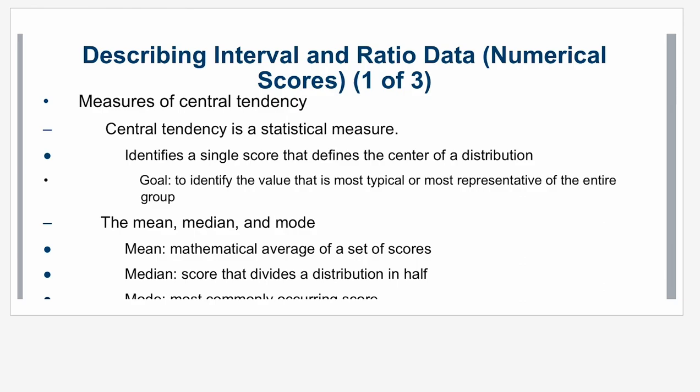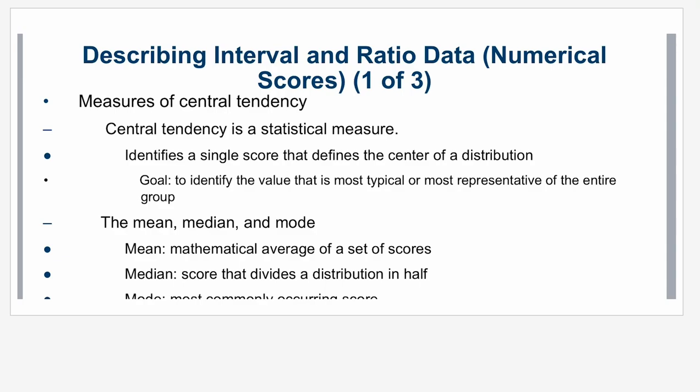The most common measure of central tendency that you know is the average, but we're going to talk about 2 others. Central tendency is identifying a single score that is defining the centerness of a distribution, which basically means we're trying to identify the value that is most representative of the entire group, so that we can say this value, again, describes in essence the entire group.